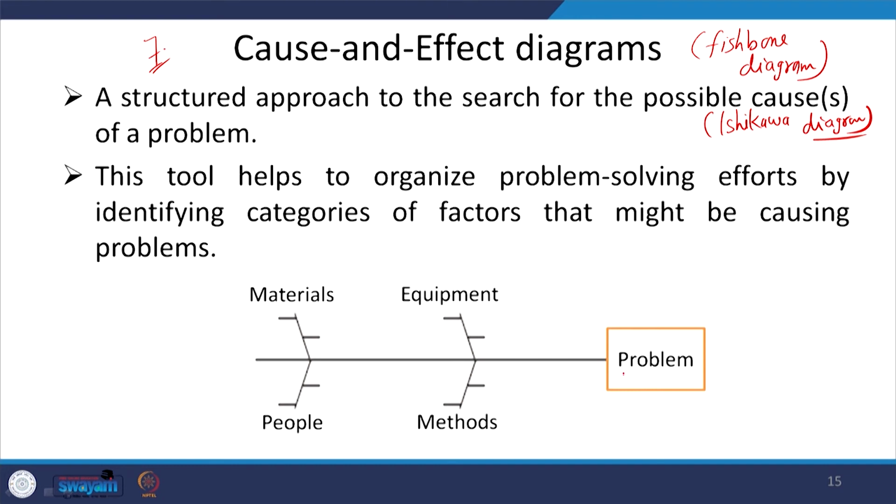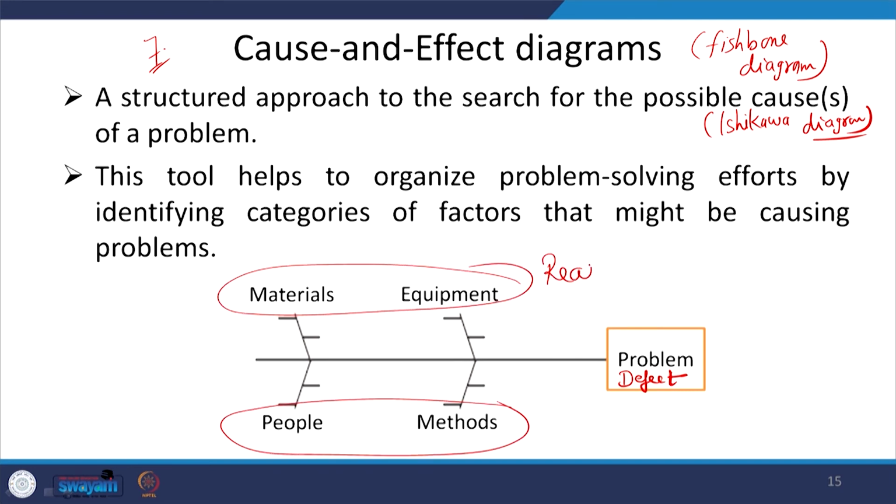This problem is basically the defect, and these are the reasons of defect. And these are the sub reasons. So, you have materials, equipments, people, method, these are the various reasons because of which some defect may occur.